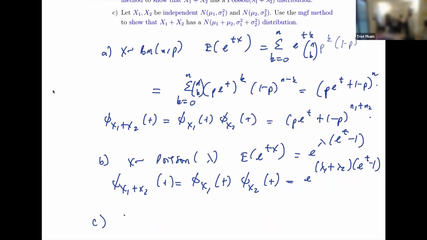C, the same way. If you have normal mu, sigma squared, then we have shown that the MGF is e to the t mu plus 1/2 t squared sigma squared.